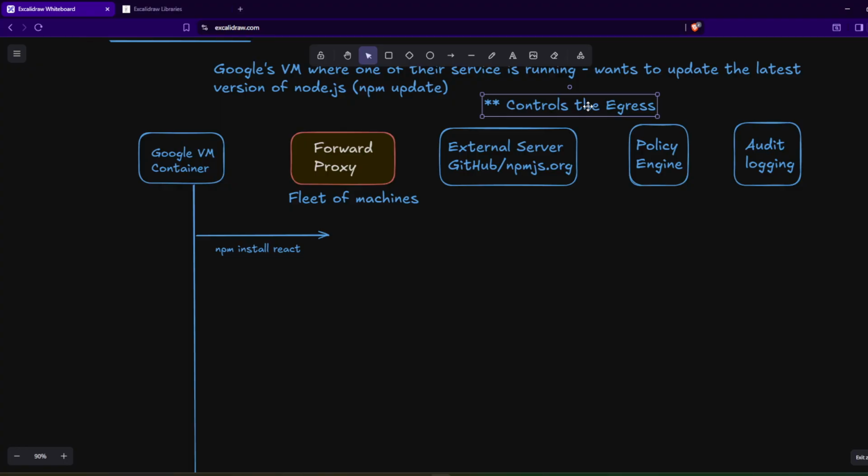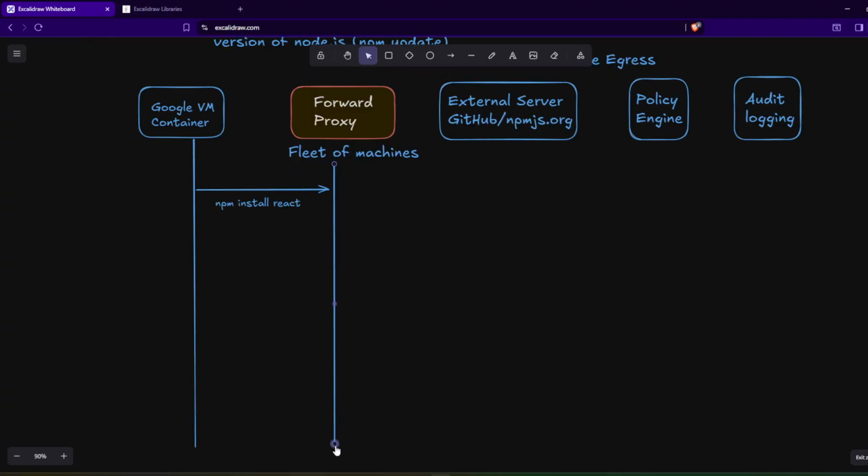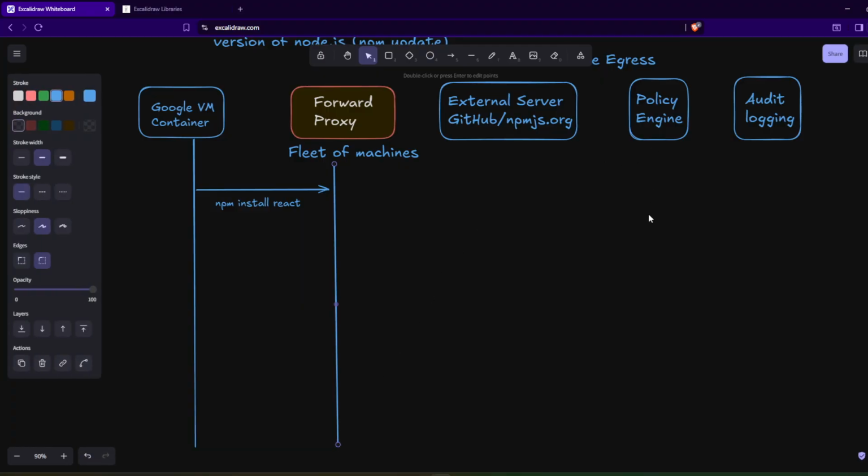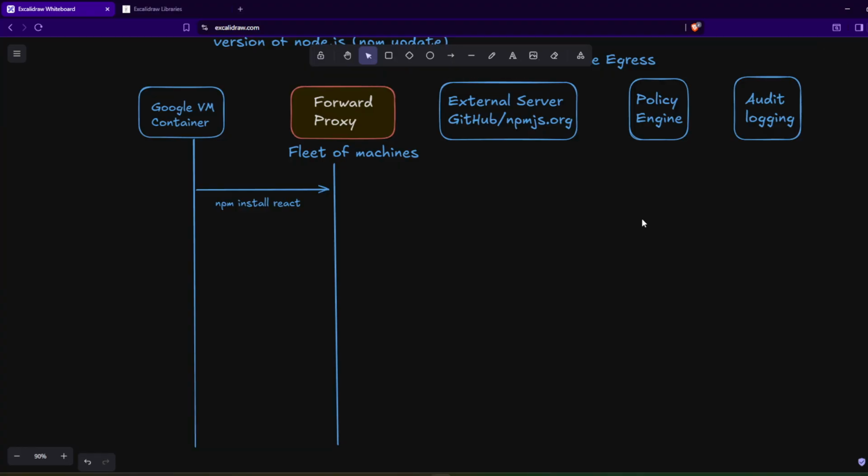What exactly happens is, once this npm install react comes to this fleet of machines, it checks the security policies. Security policies are generally sometimes a simple XML or JSON, or there may be some other kind of configuration which controls that.